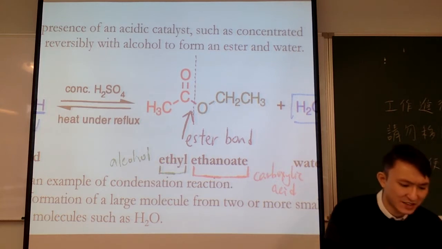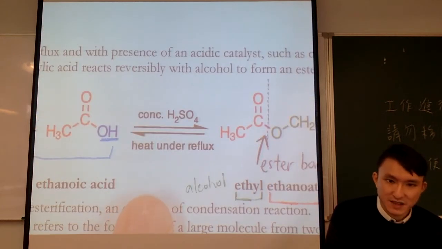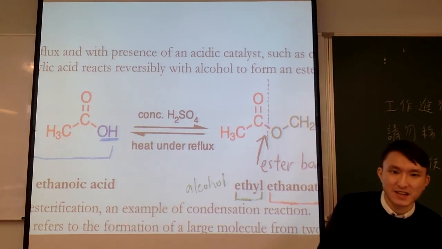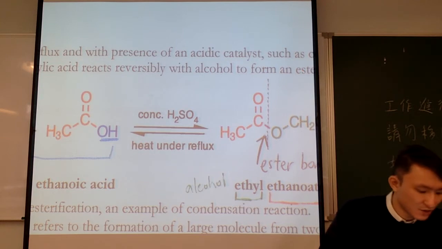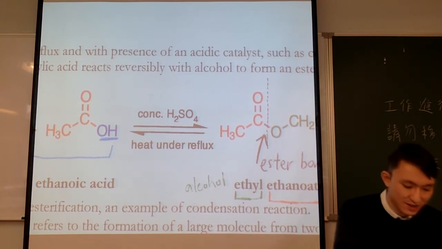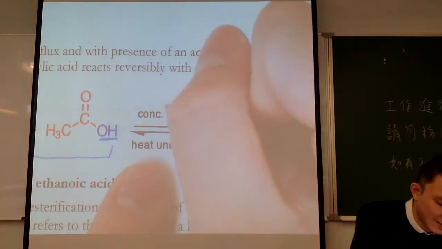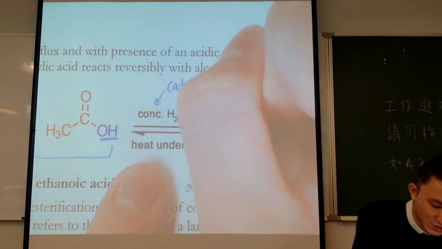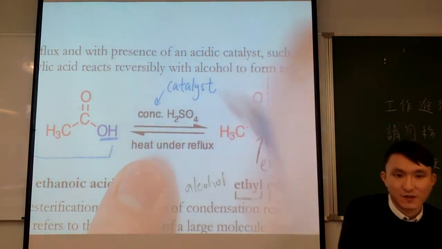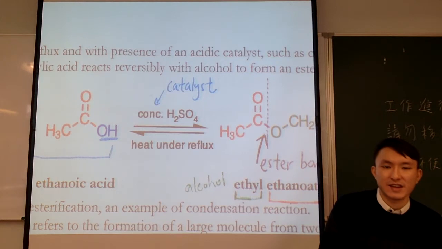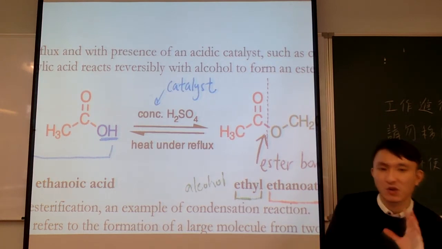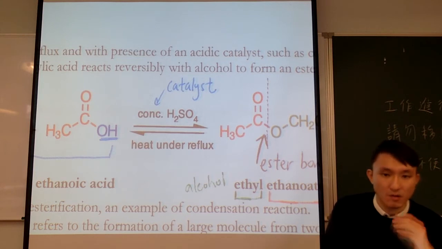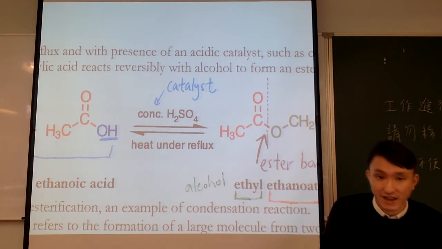Now, another thing I need to say is that you look at this reaction, it takes place under certain conditions and it requires a catalyst. So for this reaction, first of all, you need a catalyst, which is concentrated sulfuric acid. Okay, it needs a catalyst, concentrated sulfuric acid. Without this one, the reaction goes very, very slow and almost not going to react.